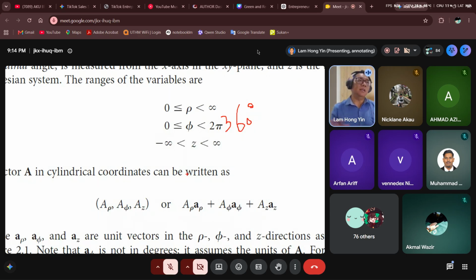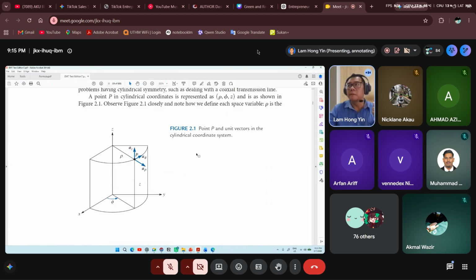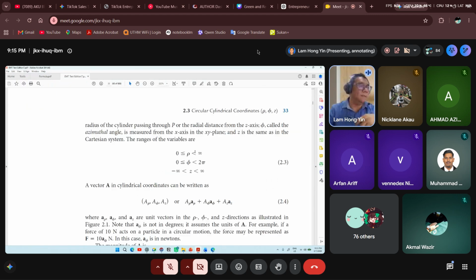There is no limit. You can go from negative infinity up to positive infinity, right? There are no limitations on that. So you use this to represent the cylindrical shape.